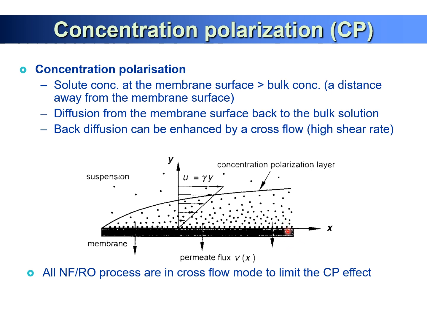So the real osmotic pressure difference will occur across this membrane, and concentration polarization will be part of the real osmotic pressure in your design of seawater desalination. So all RO processes are in cross-flow mode to limit this CP effect. You have a very high cross flow, and then you will wash out and create turbulence and reduce the high concentration of salt on the membrane surface.